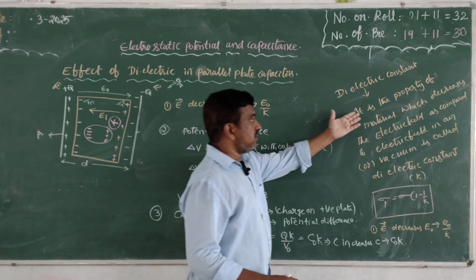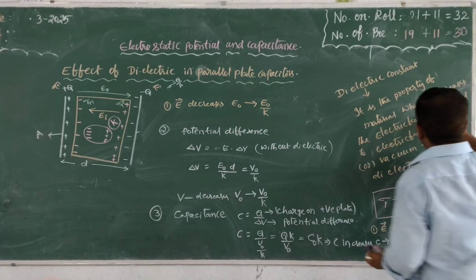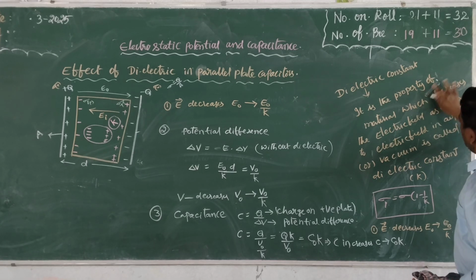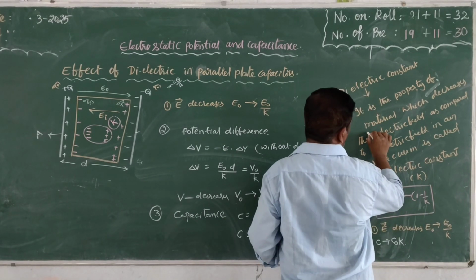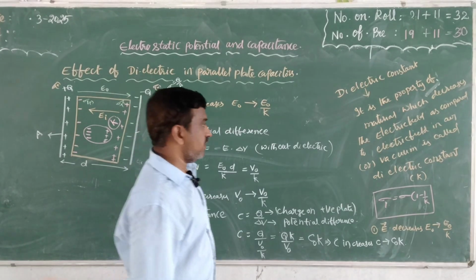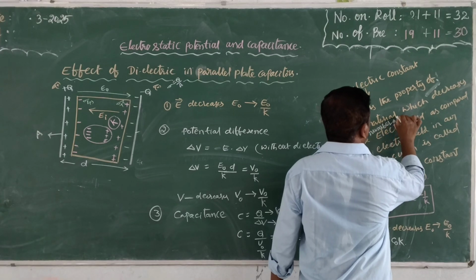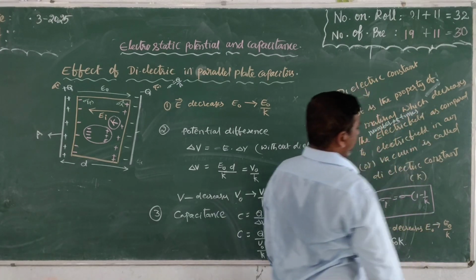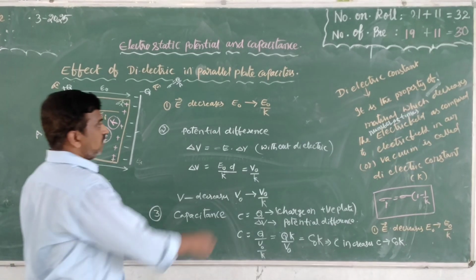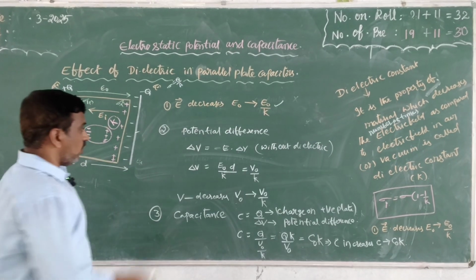Dielectric constant is the property of a material which tells the number of times the electric field decreases as compared to the electric field in air or vacuum. So that we call the dielectric constant. The electric field decreases from E naught to E naught by K. What about potential?